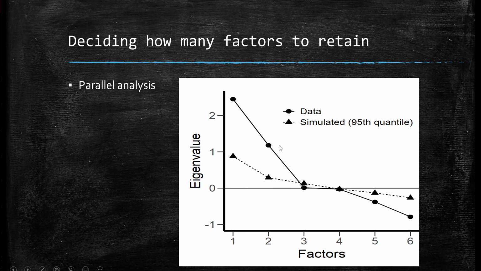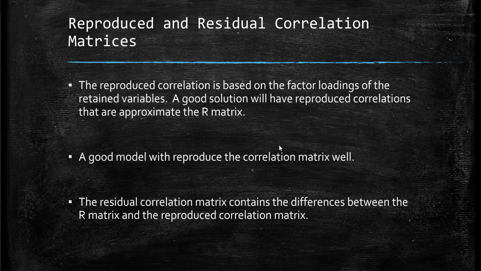So we retain the 2 factors, and then if those 2 factors do a good job of summarizing the data set, our reproduced correlation matrix, the one that's computed based on the factor loadings, will be reasonably similar and quite close to the actual correlation matrix, which would mean we did a pretty good job summarizing the data set using a smaller number of dimensions.